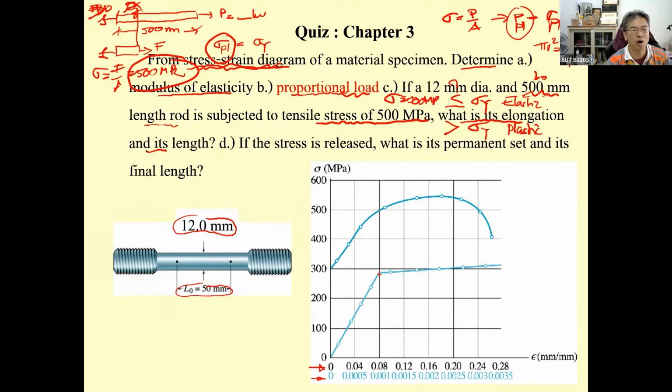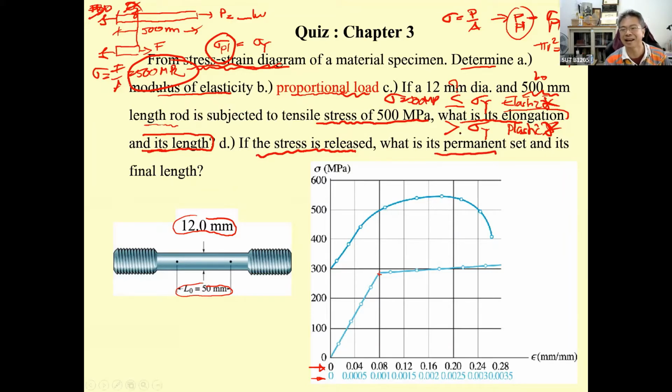So the way to compute the elongation is going to depend on what you get, elastic or plastic. If it's elastic, you can use Hooke's law to determine the elongation. But if it's plastic, you cannot. You got to read the strain from the graph and compute the elongation. And then if the stress is released, what is going to be the permanent set?